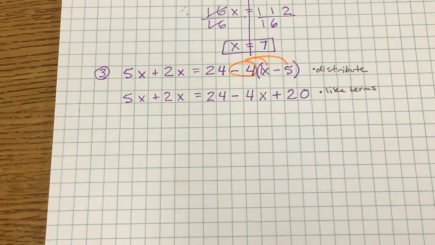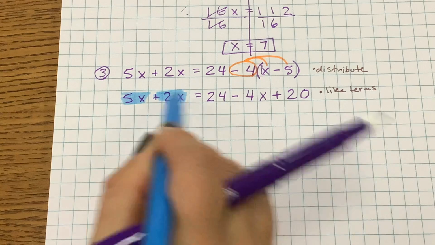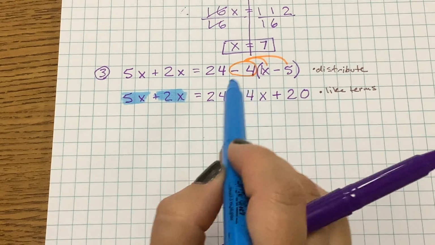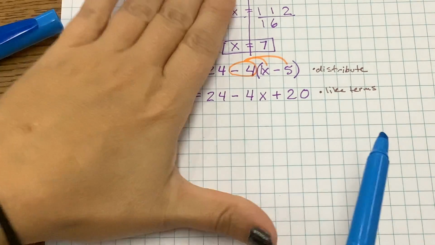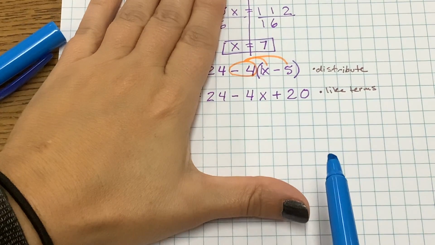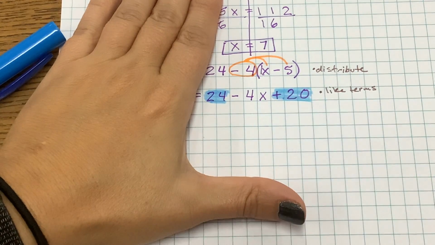Yes. They are going to end up being on both sides of this equation. On the left side, the like terms are what? And on the right side, what are they? What is like on this side? 24 and 20 go together.